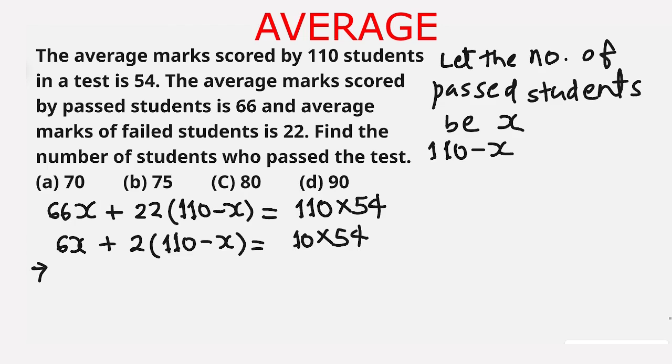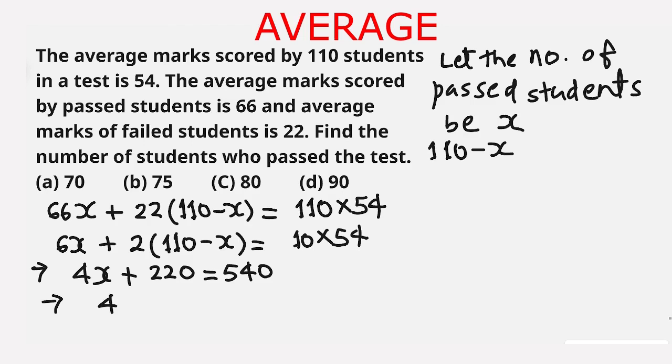If we multiply 2 inside the parenthesis, it will be 110 multiplied by 2 and 2x. So 6x minus 2x is 4x, plus 2 times 110 is 220, equal to 10 multiplied by 54, which is 540.